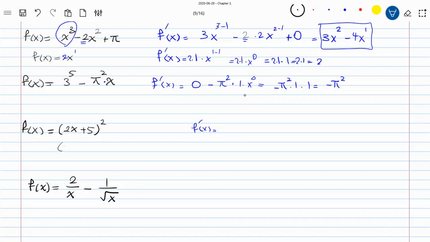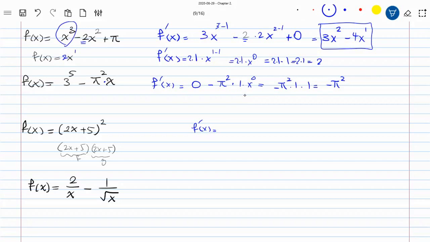One way is to write it as 2x plus 5 times 2x plus 5 and use product rule, because you have one function times another function. The other way is you can multiply, distribute all these, and then at the end take the derivative. They both should give you the same result. I'm going to show you both ways. First, let's go through the product rule, because product rule is kind of necessity.